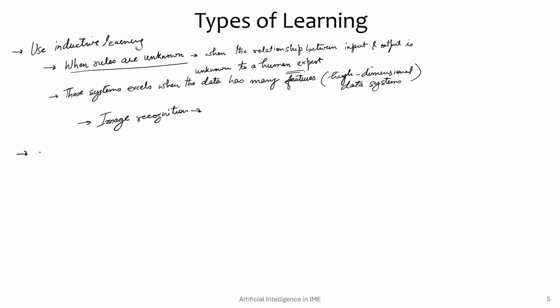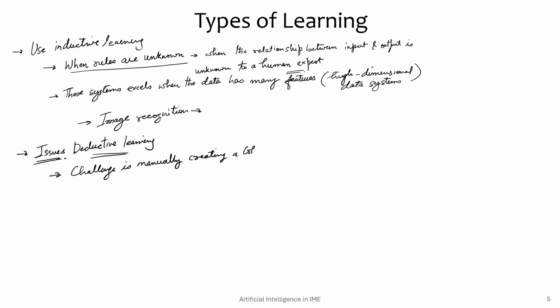Now there are some issues with deductive learning systems as well. Since it is a highly explainable system, we must know when not to use it. That is why we are learning about the different kinds of issues in deductive learning. Okay. So the challenge is manually creating a lot of rules.